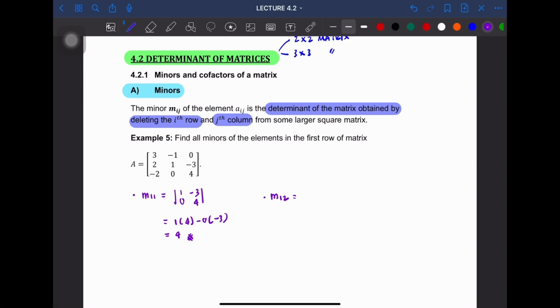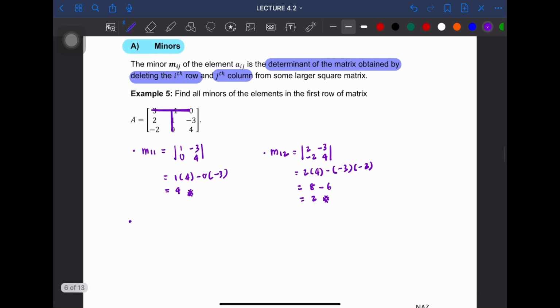Then we find the determinant of the rest of the elements: 2, negative 3, negative 2, 4. Using the formula ad minus bc, 2 multiplied by 4 minus negative 3 multiplied by negative 2. So we get 8 minus positive 6, which is 2.